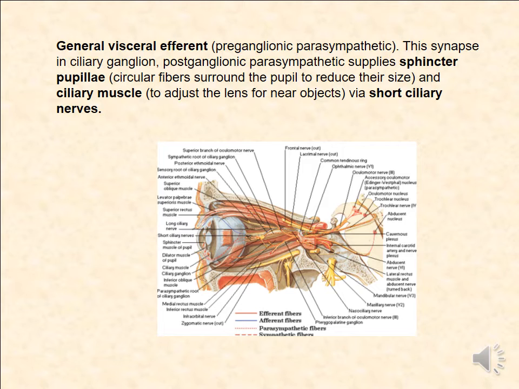Postganglionic parasympathetic fibers supply the sphincter pupillae, the circular fibers around the pupil, to reduce their size, and the ciliary muscle to adjust the lens for near objects, via the short ciliary nerves. The preganglionic parasympathetic controls the smooth muscle surrounding the pupil and the ciliary muscle within the lens, for formation of the image in the center of the retina.